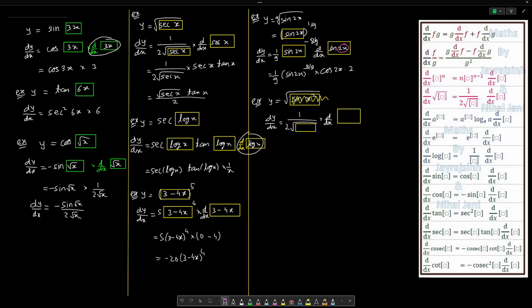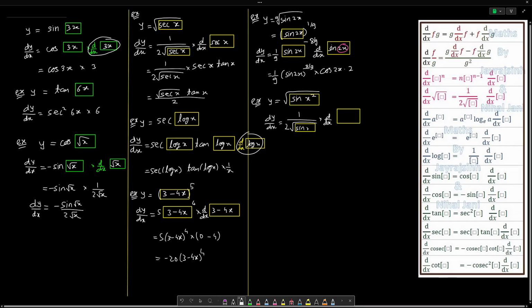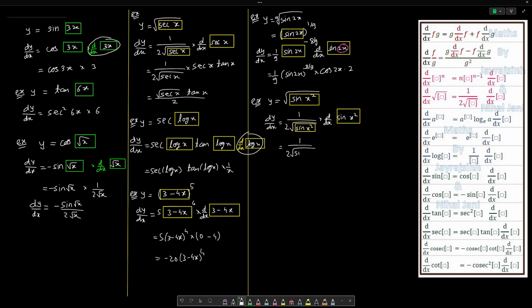Then what do we have within the box? Sin x square. So this 1 upon 2 root sin x square will be as it is, and we'll focus on the differentiation of sin x square.